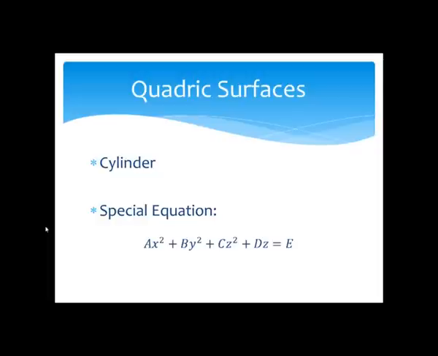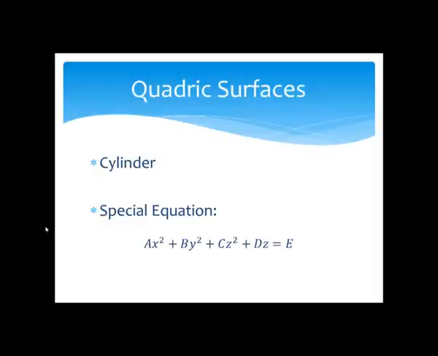Next, remember we have another 6 more quadric surfaces, which are the ellipsoid, elliptical paraboloid, elliptical cone, hyperboloid of 1 sheet, hyperboloid of 2 sheets, and the hyperbolic paraboloid.